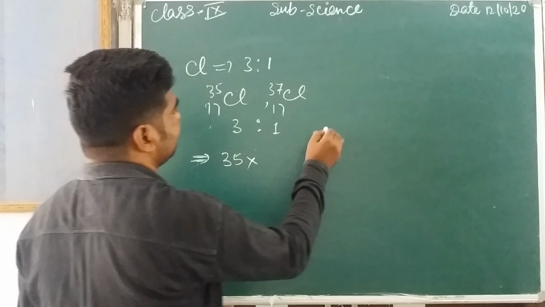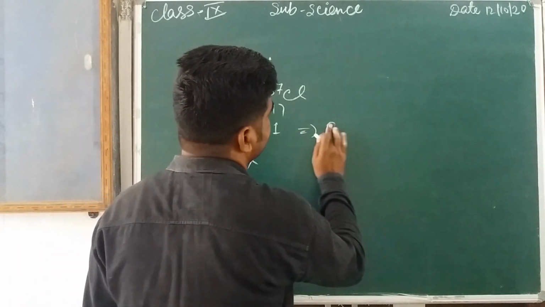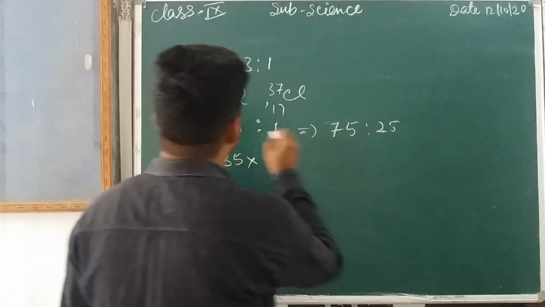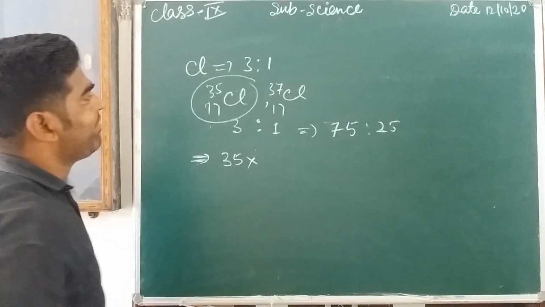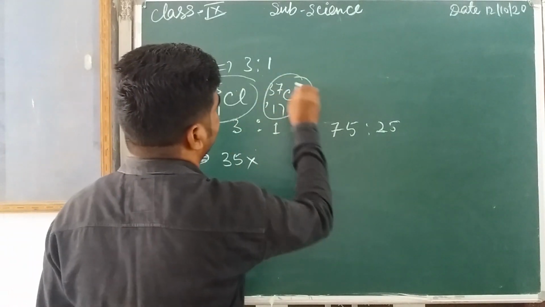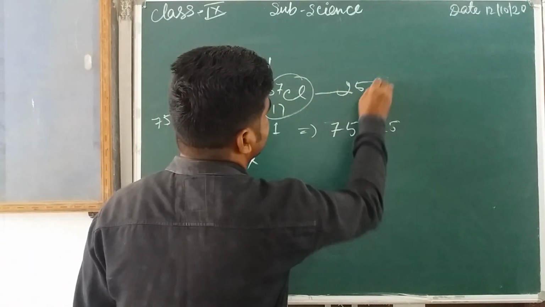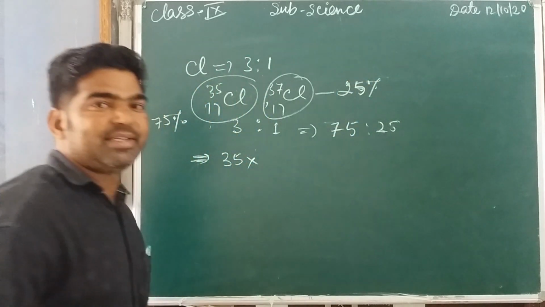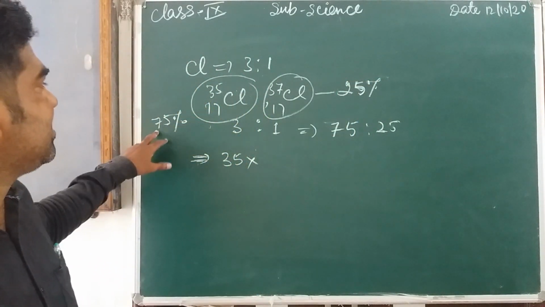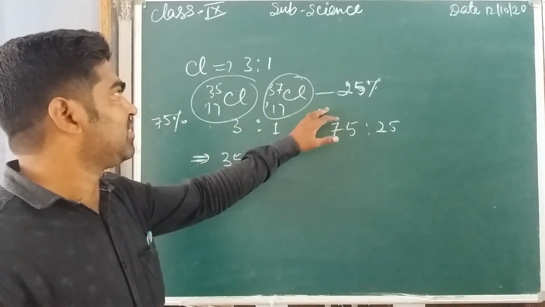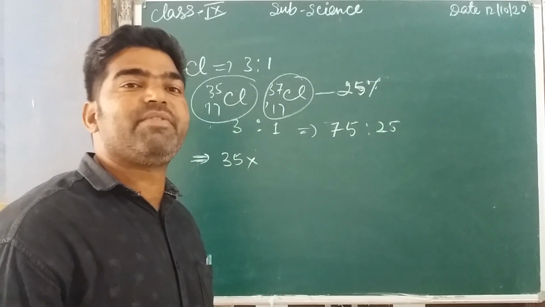You can say it's 75:25, means 35 is present in 75% and 37 is found in 25%. Means we can say the isotope of chlorine 35 is 75% in nature, and 37 is present in 25%.